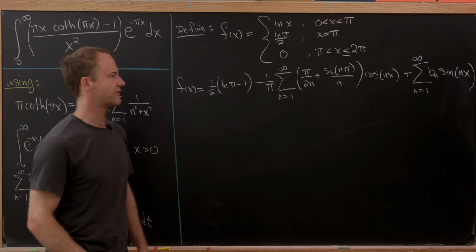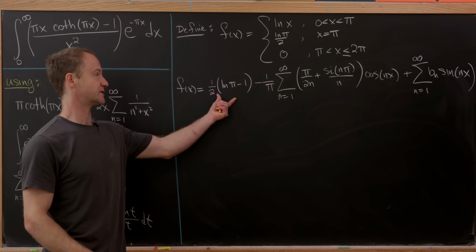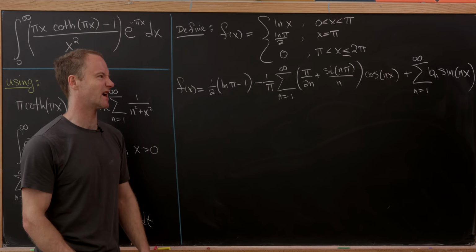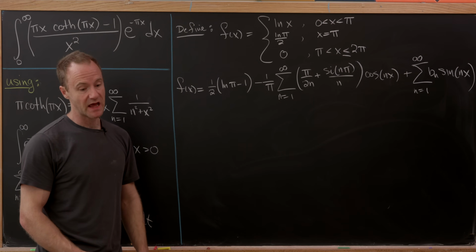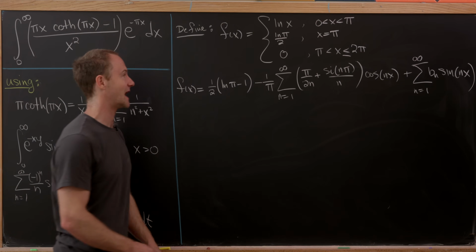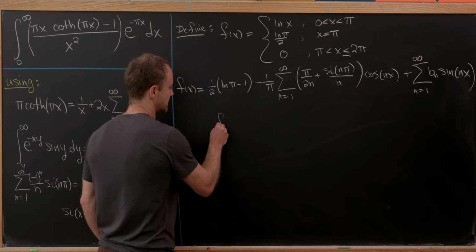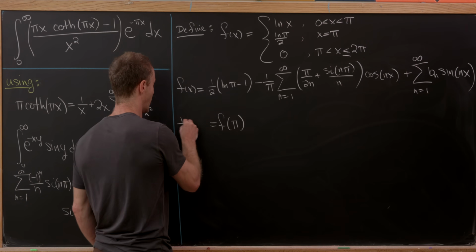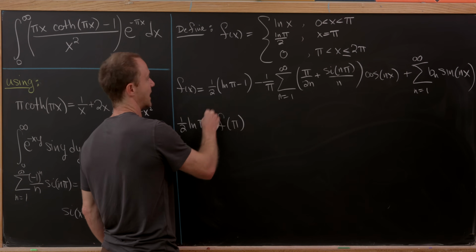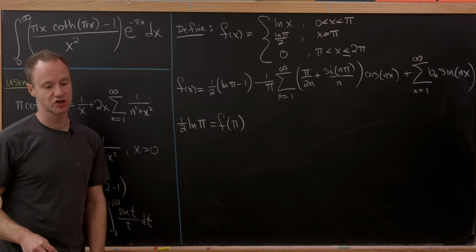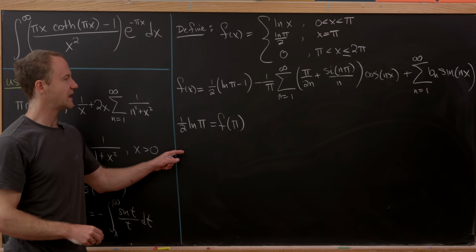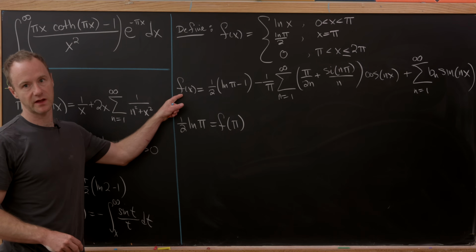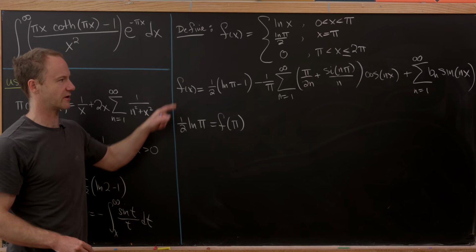Okay, so this is where we left ourselves off. We had f of x was this a0 term, and then that's our cosine sum, and then I just put our sine sum back in. And now we're going to evaluate this at pi. So let's see, we have f of pi is on the one hand equal to 1/2 times the natural log of pi, by our construction of this function f of x. But then on the other hand, it's equal to all of this stuff where we plug in pi for x.